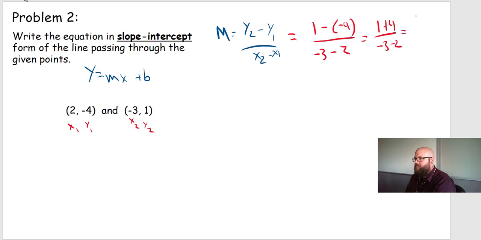So 1 plus 4 gives me 5. And negative 3 minus 2. So if I'm $3 in the hole and I lose $2 more, I'm at negative 5 in the hole. So 5 over 5 is 1. However, there's a negative there. So our slope is negative 1.